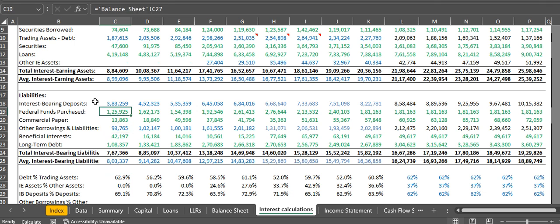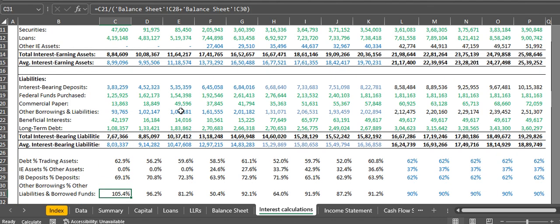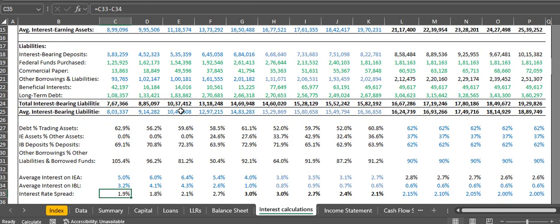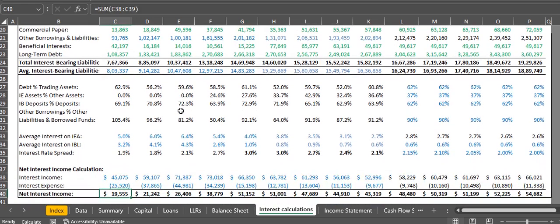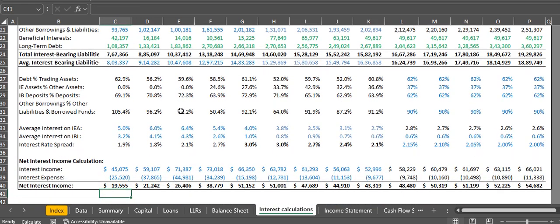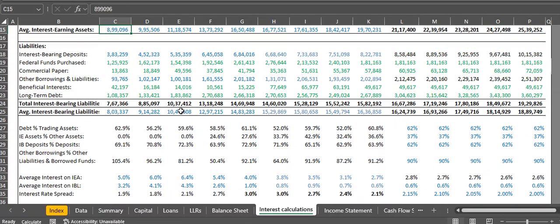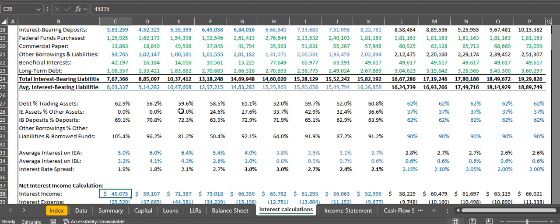Then we have the liabilities as well: interest bearing deposits, federal funds purchased, commercial paper, other borrowed liabilities, beneficial interest, long-term loans, and long-term debt. And there are other borrowings, and the average interest on IA, the average interest on IBL, and the interest rate spread. So these work on different parameters of the company.